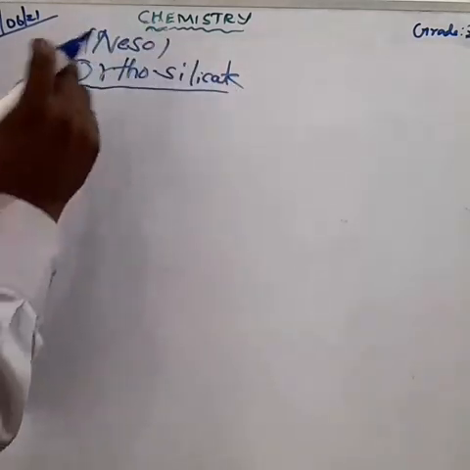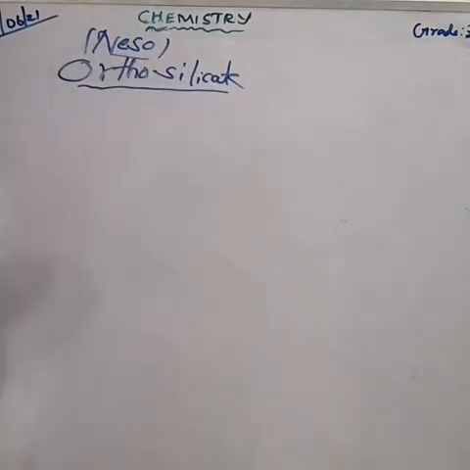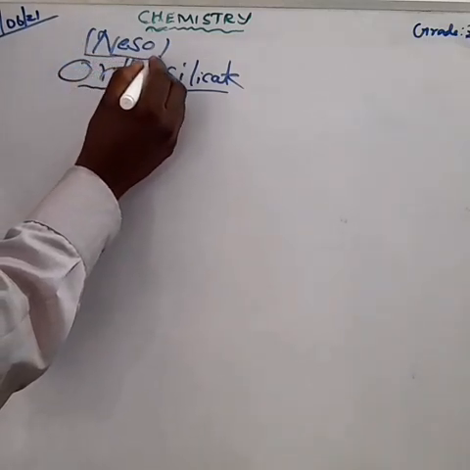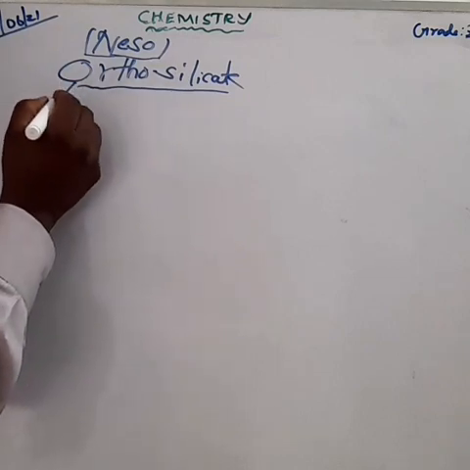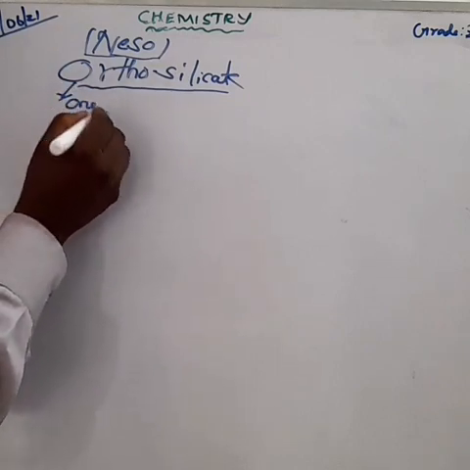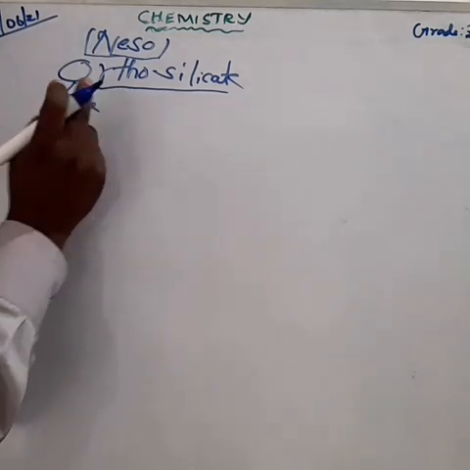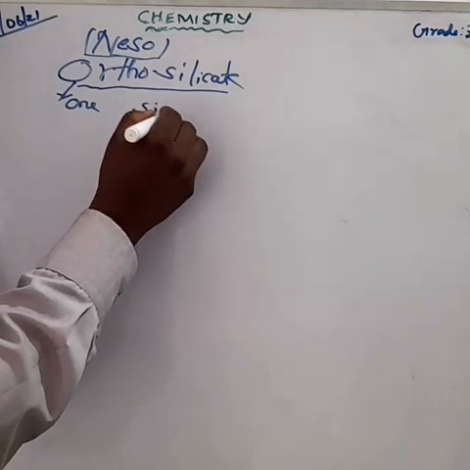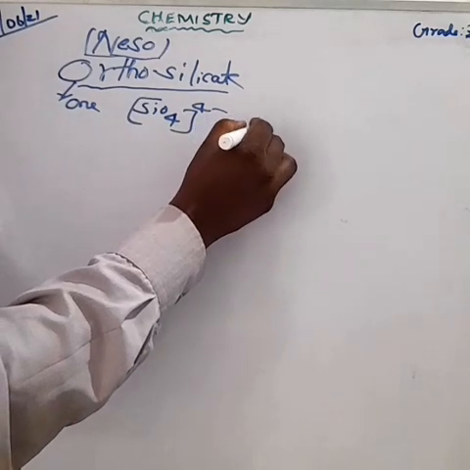What is the other name of orthosilicate? Nesosilicate. Here in ortho, the first letter O refers to one. This type of silicate contains only one SiO4 4 minus unit.